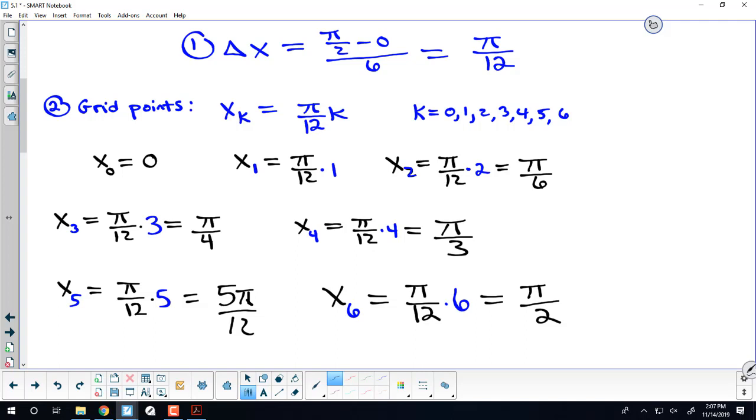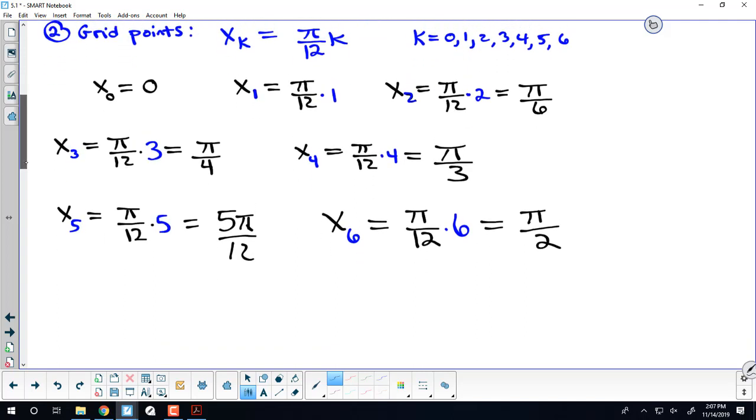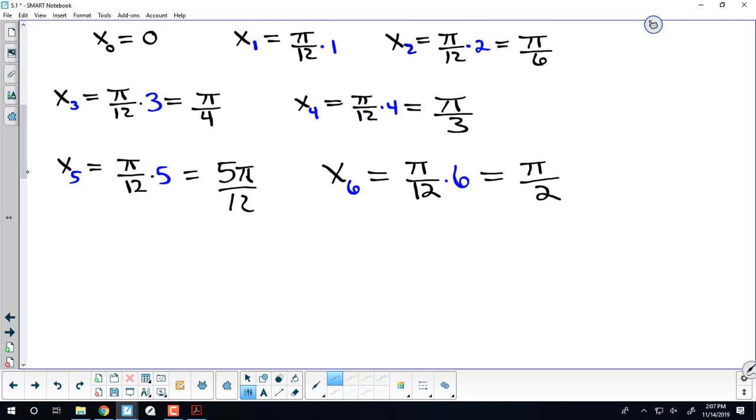So then we're just piecing those together. The partition that we form on the interval from 0 to pi over 2: our first grid point is 0, so we go from 0 to pi over 12. Then from pi over 12 to pi over 6.